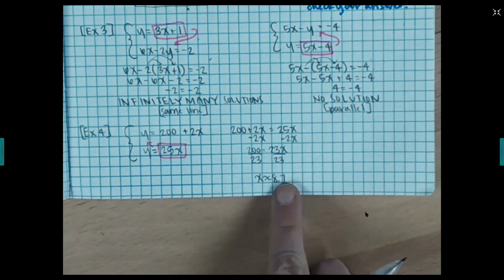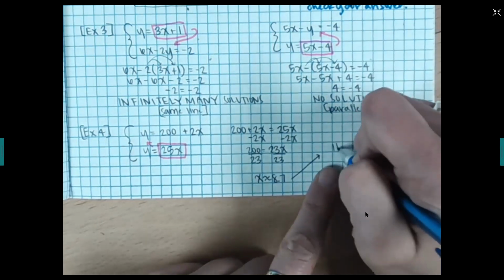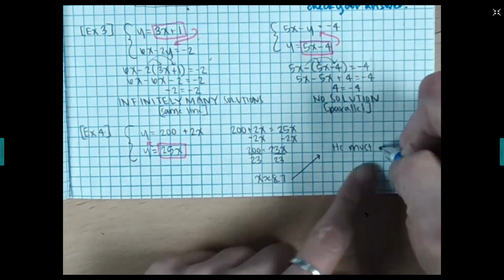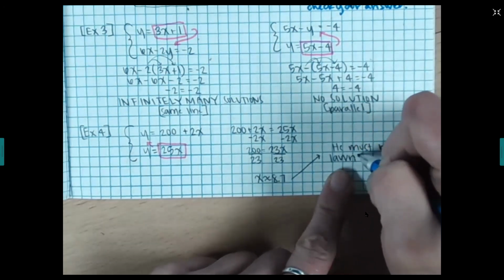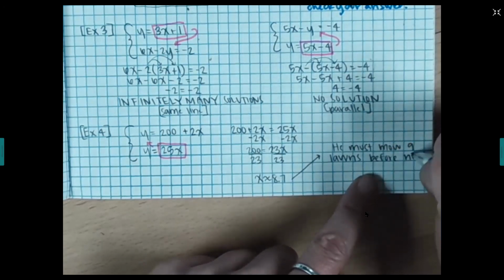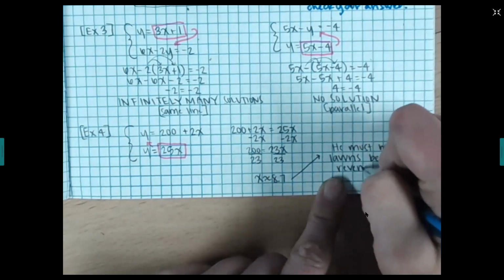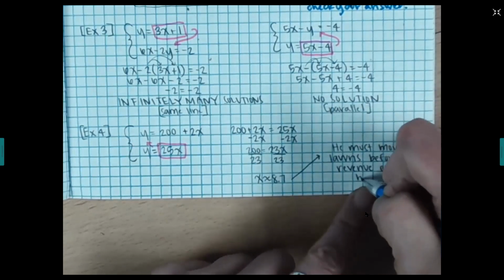Now, we are talking about number of lawns that he mows. I can guarantee that if he only mows 7/10 of someone's lawn, he's not going to get paid. So we need to round this up. So we can say that he must mow 9 lawns before his revenue exceeds his cost.